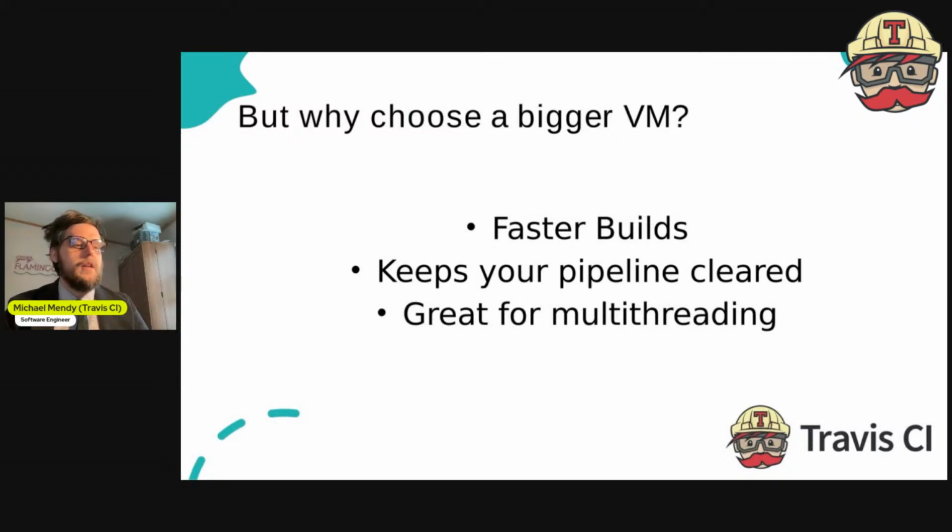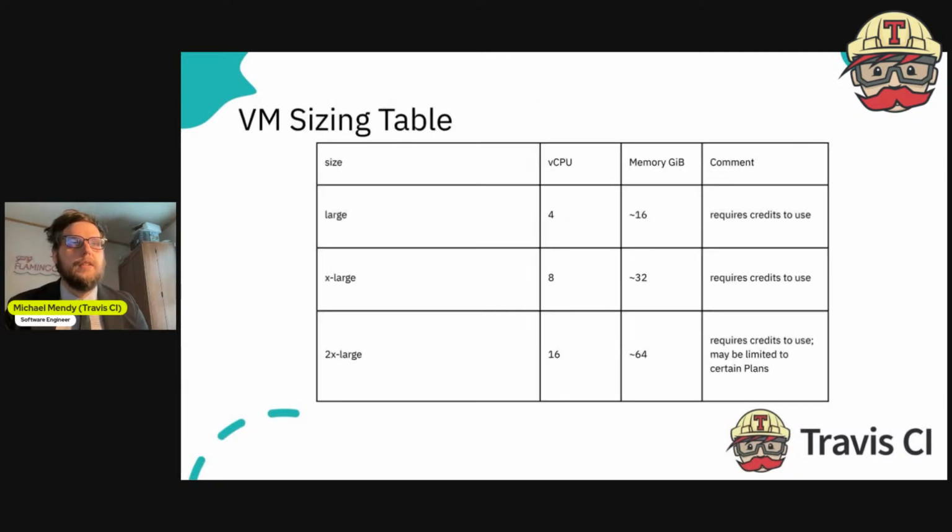So that'll add 16 cores, and then once those 16 cores are added, maybe go to another stage and you'll have a 2x, and that will add 64 cores. And what I'm going to do in this demo is also show you how to make sure you're running those VMs and to make sure those cores are actually active and to get the proper information within the Travis CI raw log. So next slide here.